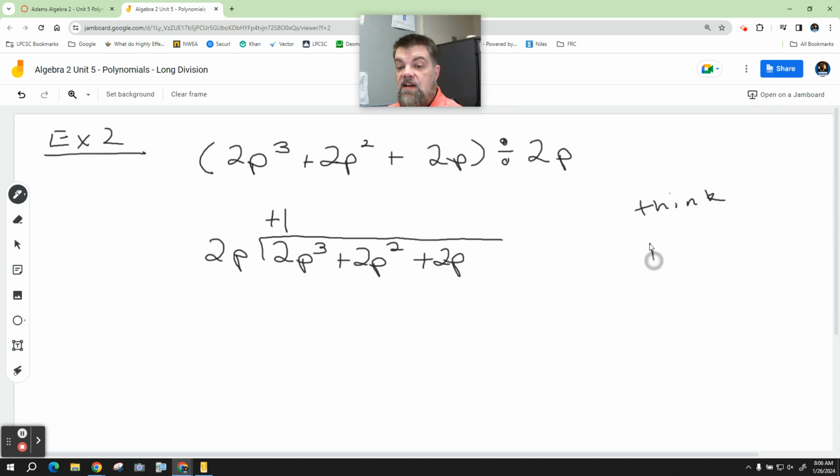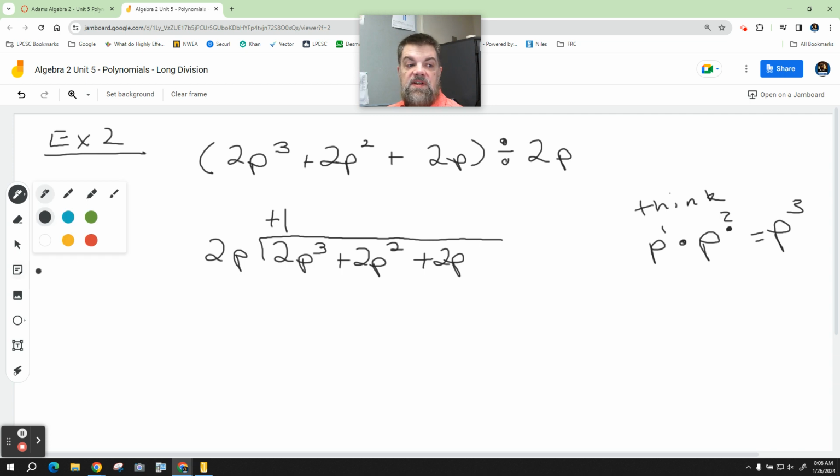You need to think p times p raised to some power, we don't know what, is equal to p to the third. Remember that p is p to the first, so what would this be? Yeah, the second. The reason it would be the second is because the shortcut is we add those powers.